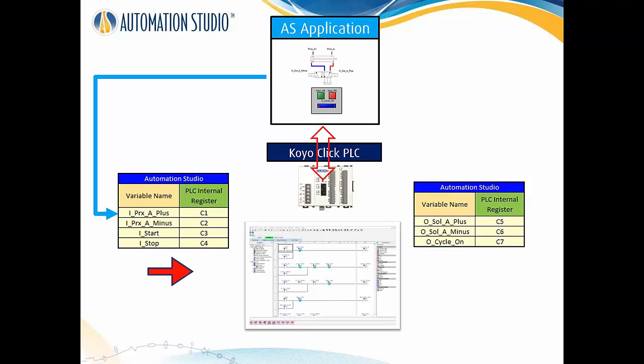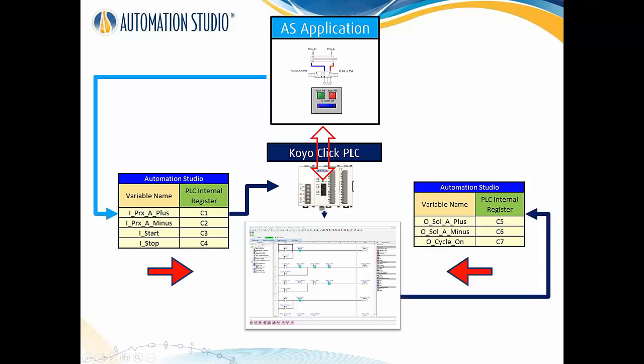So basically we want to send the values in the inputs into the internal registers C1 to C4. Then once it's in C1 to C4, the PLC constantly executes the ladder logic. And once it's executing the ladder logic, it will define the value that the outputs have to be, which are C5 to C7.